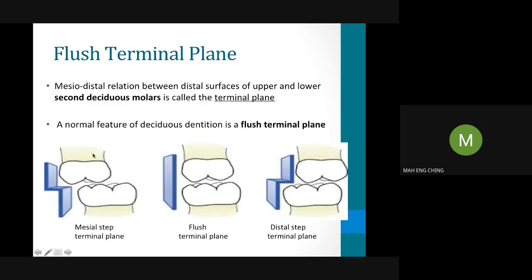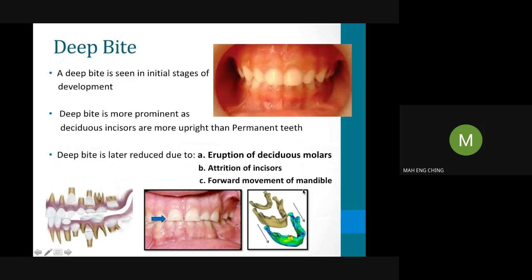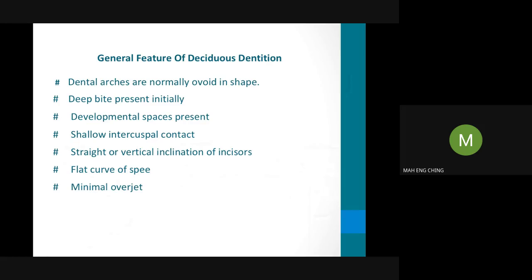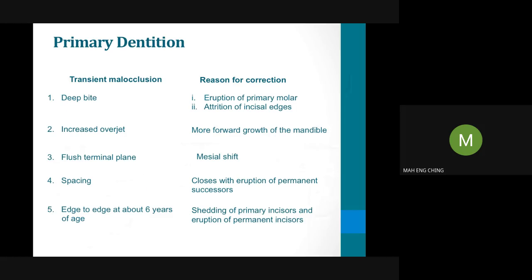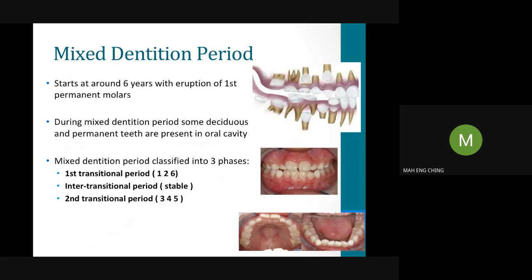So mesial step will lead to class 3 molar, flush terminal will lead to class 1, distal step will lead to class 2 molar relationship. Very important, you have to remember this. Deep bite will settle down when the occlusion is established. The baby always ends up with a deep bite at the beginning, then slowly the bite will open up. Okay, primary dentition, deep bite.